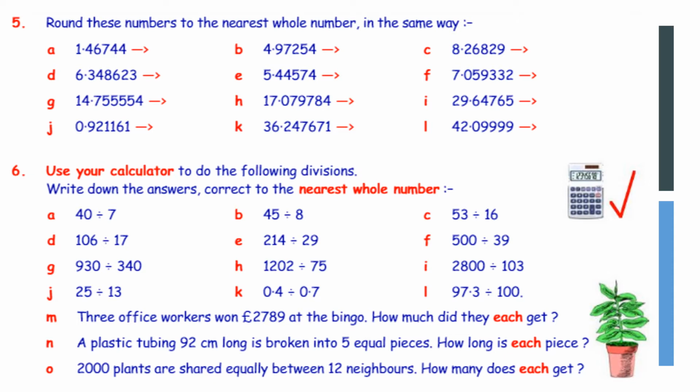If you don't have a calculator for some reason, you can get one. There should be one on whatever device you're using. Ask your mum, ask your dad. I'm sure that there are online calculators that you can use. But if you, for some reason, don't have access to one, let me know.